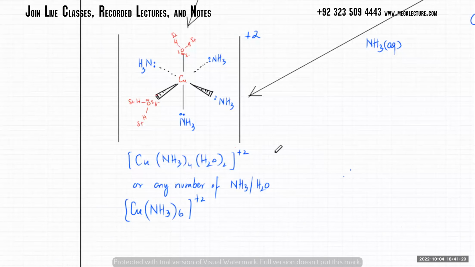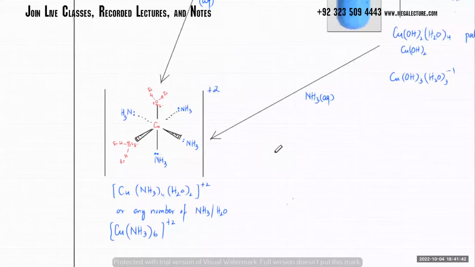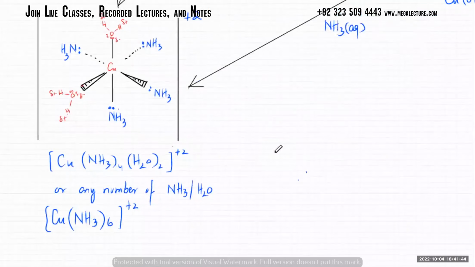Or you could have 1 NH3 and 5 water molecules, as long as the total number is 6. Okay, is that clear? Now, the color of this one, this thing over here, is a deep blue solution.